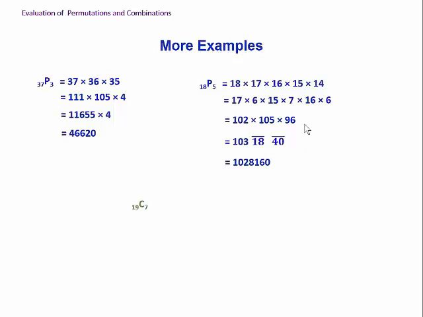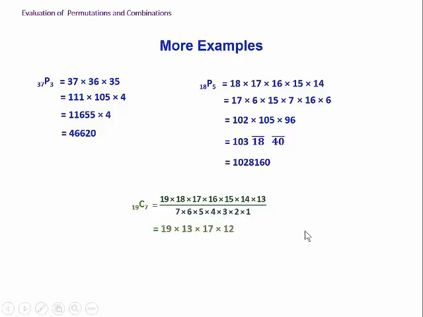Let's take 19C7. So here we've got 7 numbers from 19 downwards, divided by 7 factorial. There are many ways of going about this, and it's quite a nice challenge to give the children to see how they can find the most efficient way forward. And it's also a matter of personal preference too. In this case we've got 7 times 2, which we could cancel with the 14, and the 6 times 3, which we could cancel with the 18, and then we can cancel the 5 and the 4 as well, and we'll end up with this.